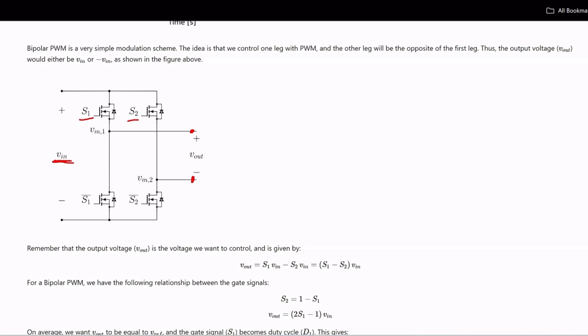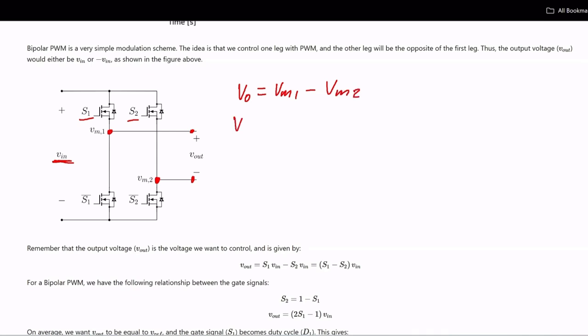So we have that the output voltage, let's just call it VO, that is easier. This is equal to the voltage at this point minus the voltage at this point. So we have VM1 minus VM2. Now we'll just go quickly through here.